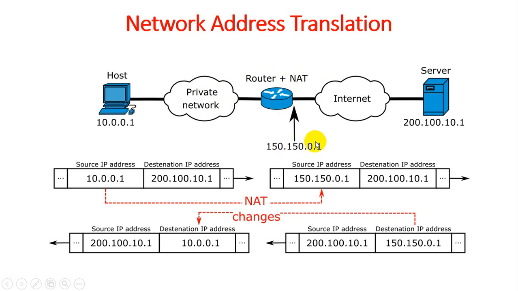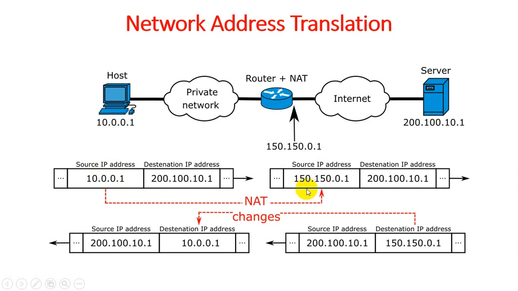It is the global IP address through which 10.0.0.1 communicates with 200.100.10.1. First the source IP address 10.0.0.1 is converted to 150.150.0.1.